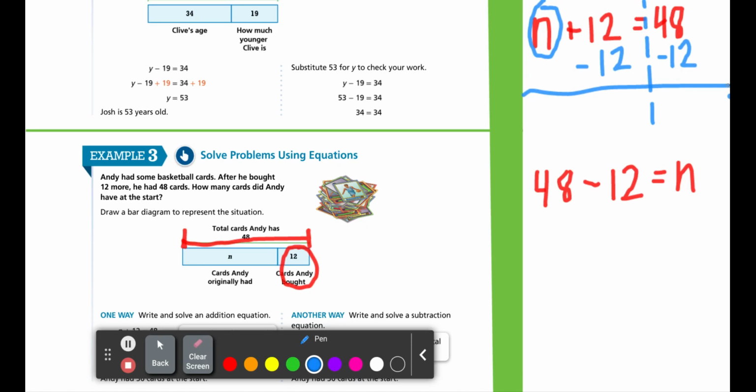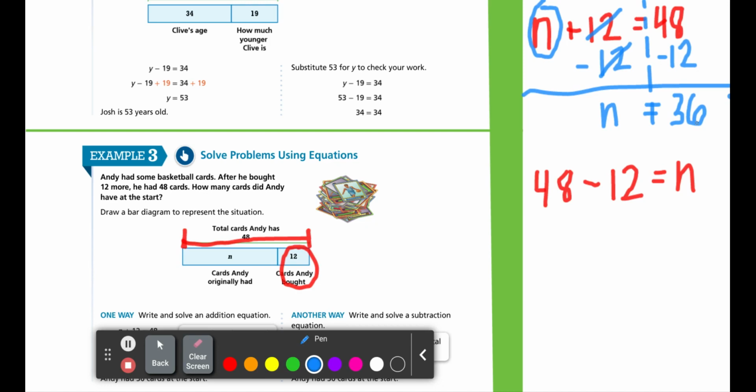So what's remaining on that left side? N plus 12 minus 12 cancel, equals 48 minus 12, which is 36. So he started with 36 cards, and that makes sense because 36 plus 12 would be 48.